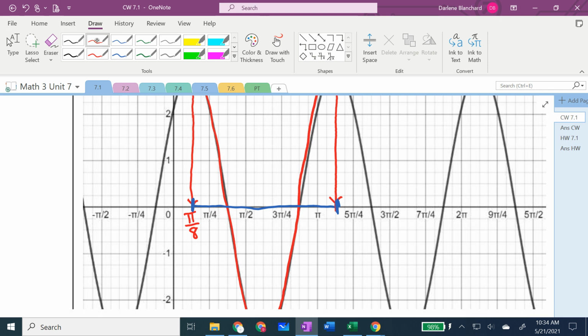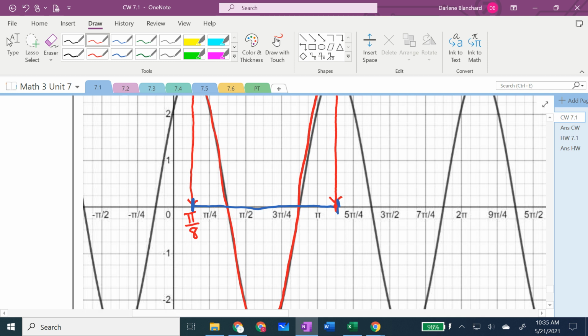Because the harder way would be to look at what is the actual x-coordinate of this point, and then you've got to figure out what's halfway from pi to 5 pi over 4. But I don't need to know the x-coordinate of this point. I just need to know this distance.